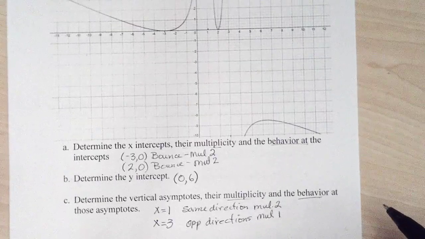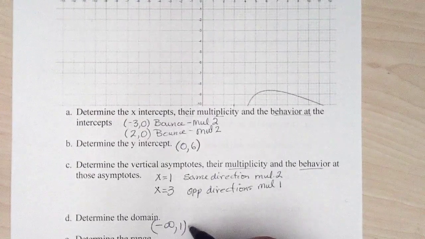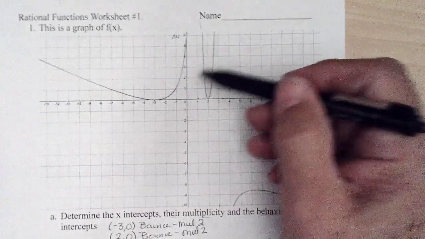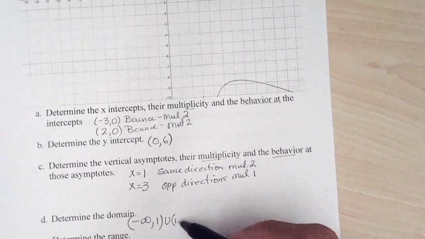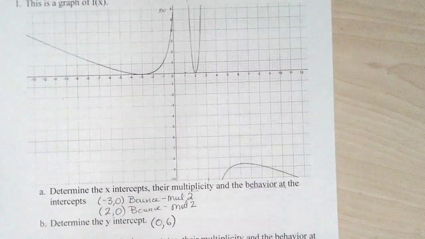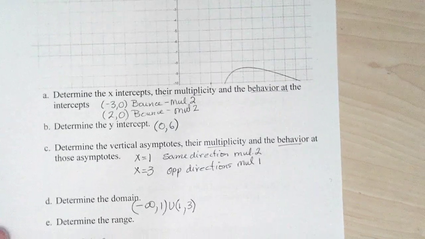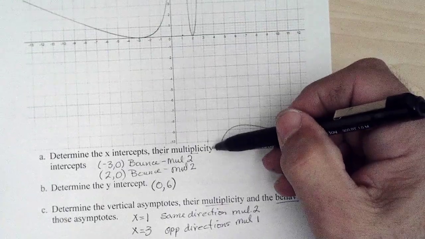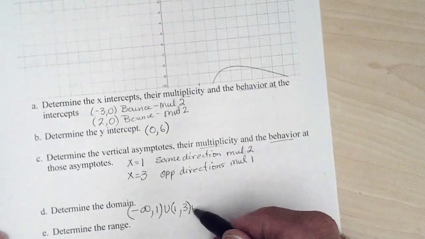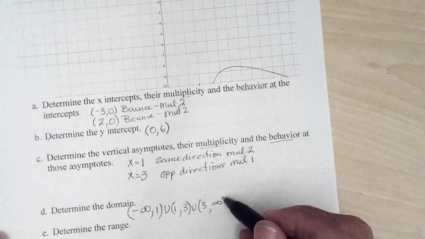There's an asymptote at 1, so we would not include it, parenthesis, union, then the graph starts again right after 1, and continues on till 3, where there's another asymptote. And then after 3, it continues on. So union from 3 on to infinity.